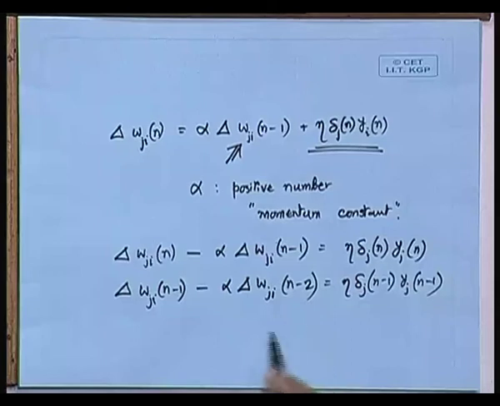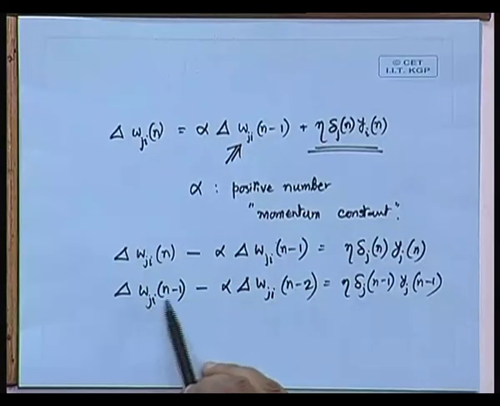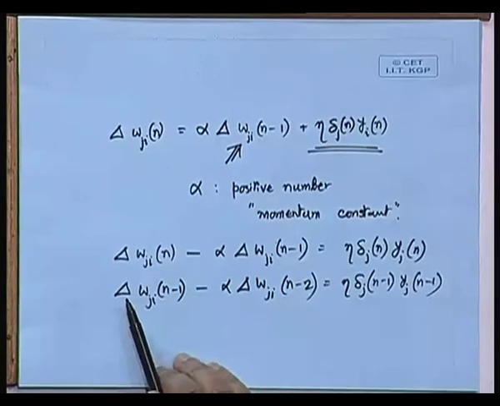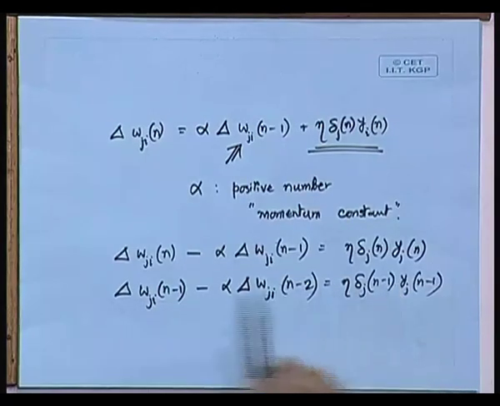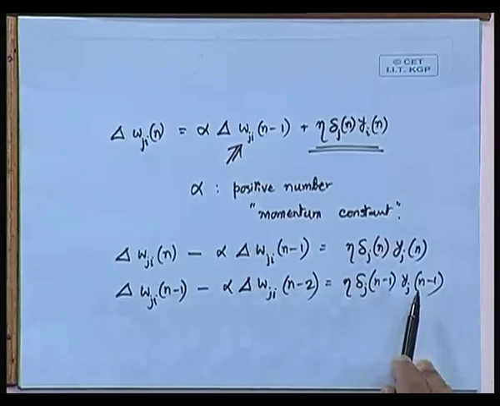If we have to eliminate the intermediate term delta Wji(n minus 1), simply what we have to do is multiply the second equation by alpha.